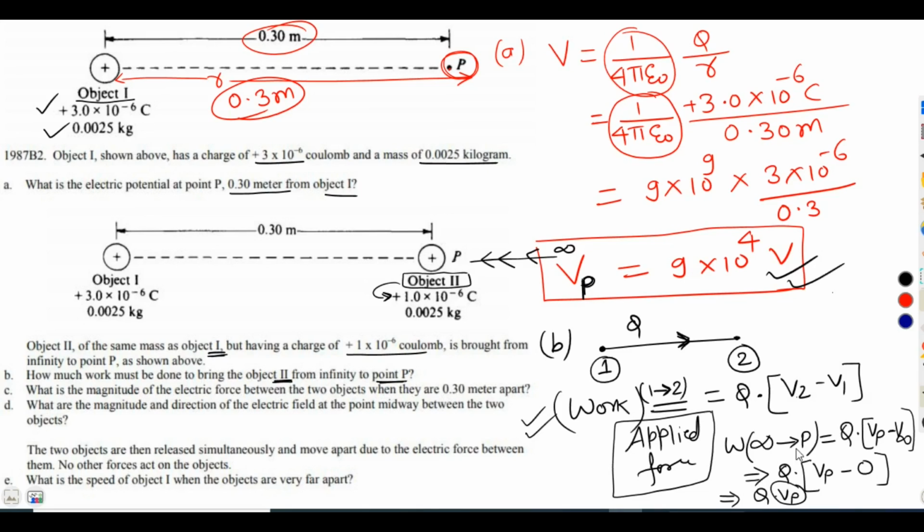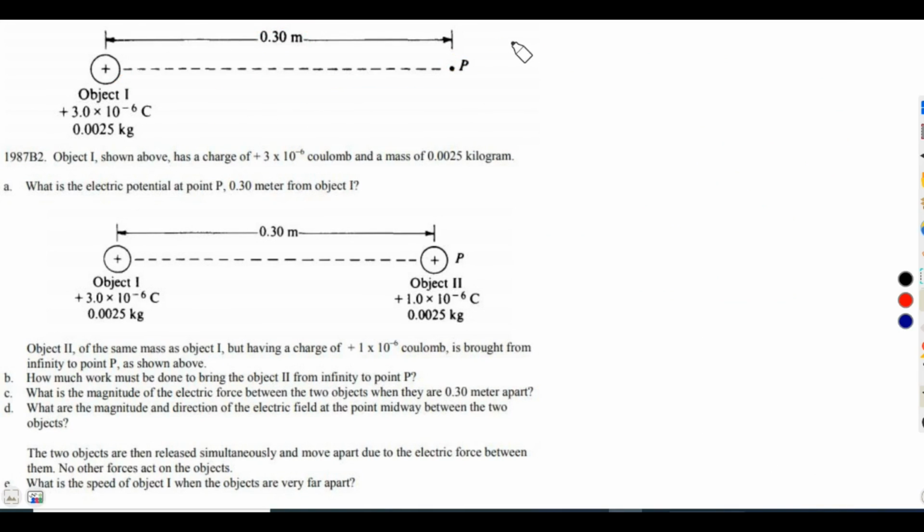So let us put these values in the second slide. For part B, the work done will be Q times Vp. Q is the given charge of the second object that is moved from infinity to point P, and its value is 1.0 times 10 raised to power minus 6 coulomb.